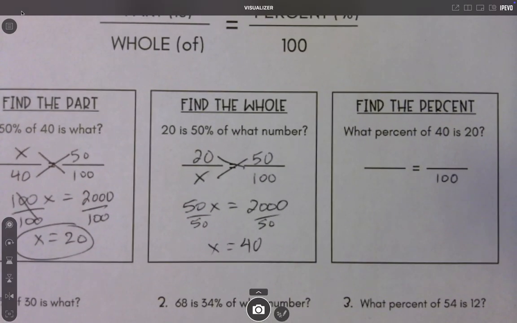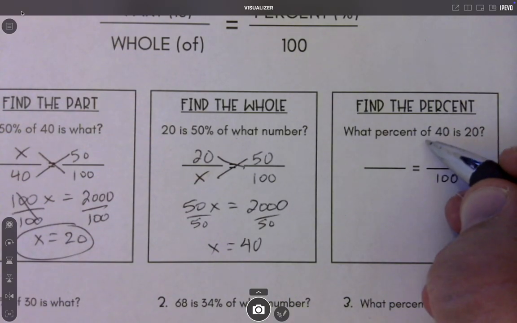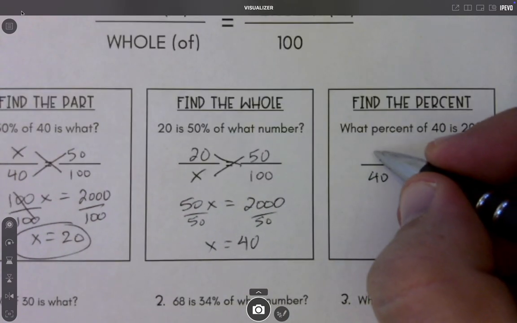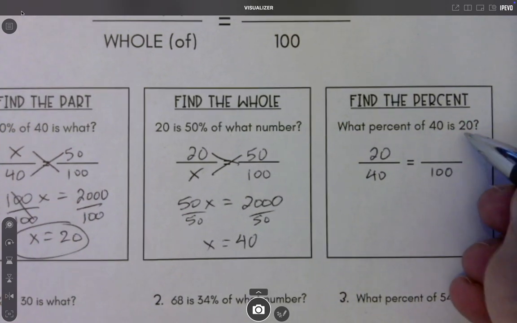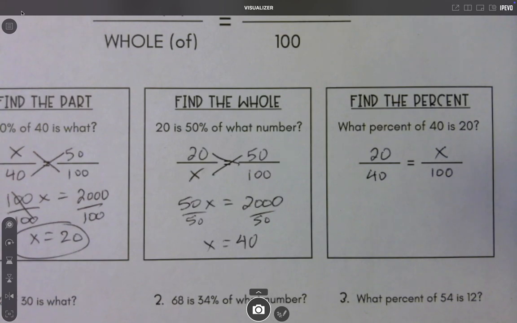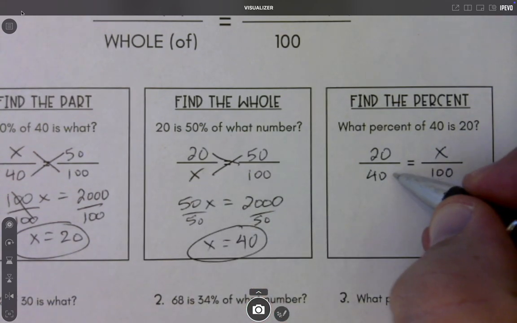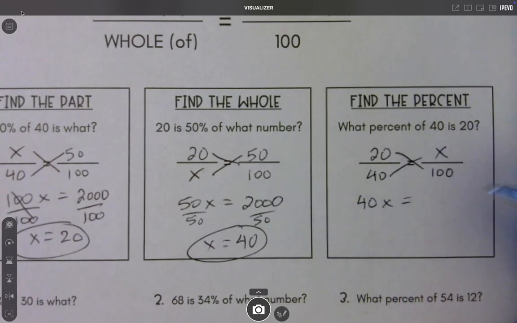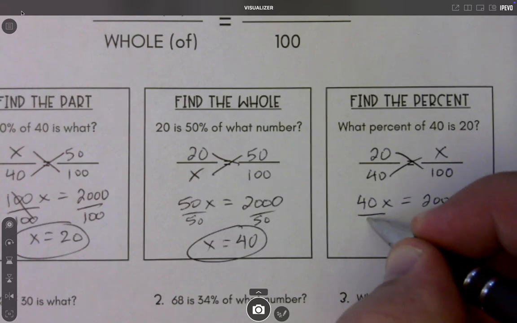Okay, now what percent of 40 is 20? So of 40, 40 goes on the bottom because it's the whole, is 20. 20 is the part with the is, so is over of, and we don't know the percent. So we do 40 times X. 20 times 100 is 2,000. We divide both sides by 40.